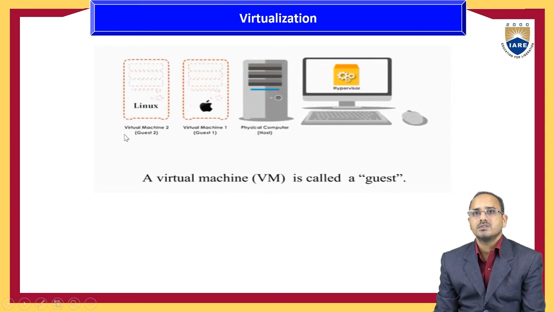On the second guest machine, we have the Linux operating system installed. So the host machine has Windows OS, guest 1 has iOS, and guest 2 has Linux.